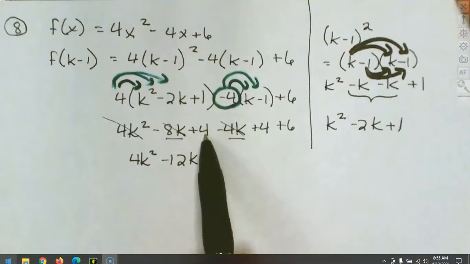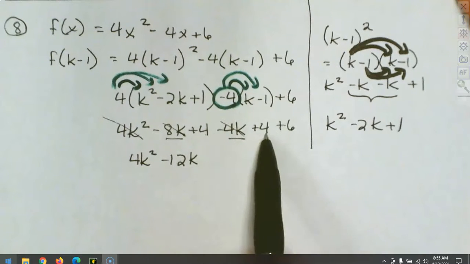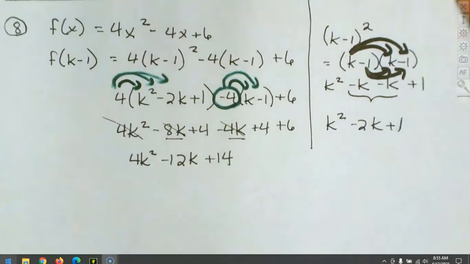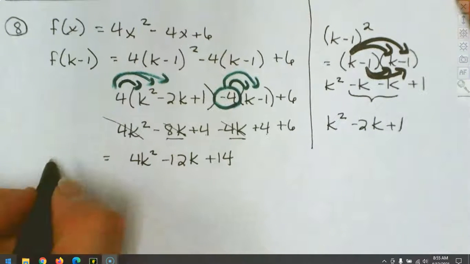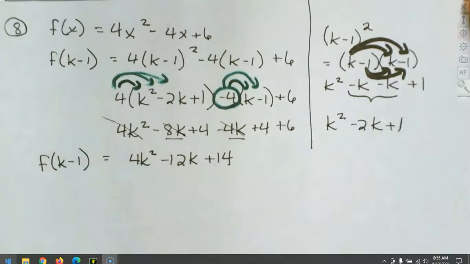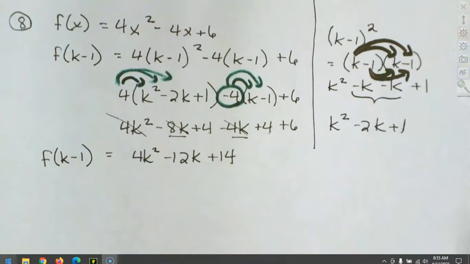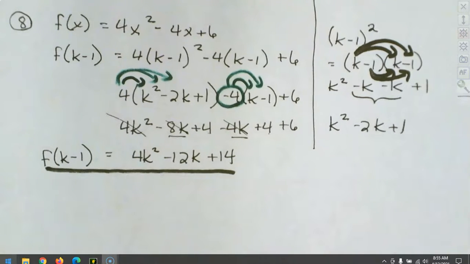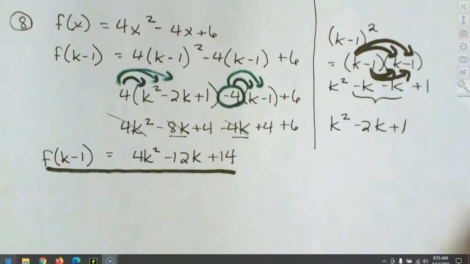Well, we've got 4 plus 4 more, that's 8. And 8 plus that 6 makes it then a 14. So that tells us then that f of k minus 1 is that polynomial. And we're going to be foiling a lot next week when we start multiplying and factoring and dividing these polynomials.